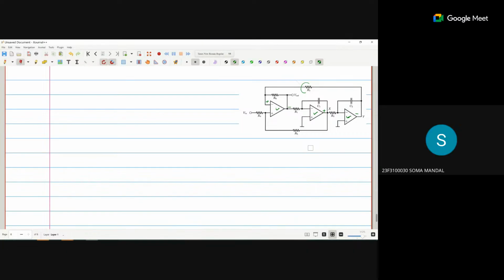Clear? First this loop negative, second this loop negative, third this loop negative, and fourth whole complete loop will be also in negative. So we confirm first thing is that. Now after that, what we can do?